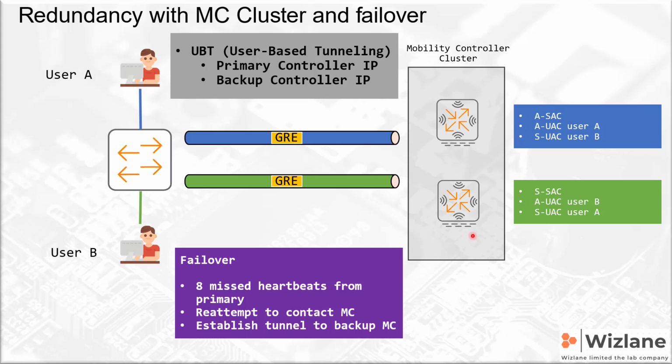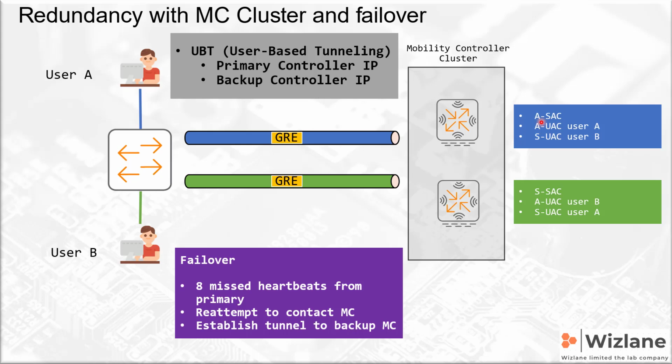Now we will provide in this case the primary controller IP, maybe this one, and the backup controller IP, maybe the other one. Now there will be two GRE tunnels, one per interface, one per connected device. So user B will have the green tunnel, user A will have the blue tunnel. And here, in between them, they will have load balance.